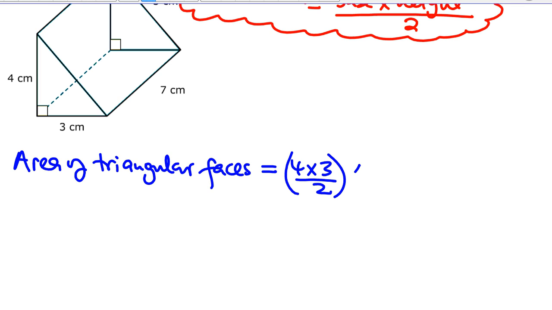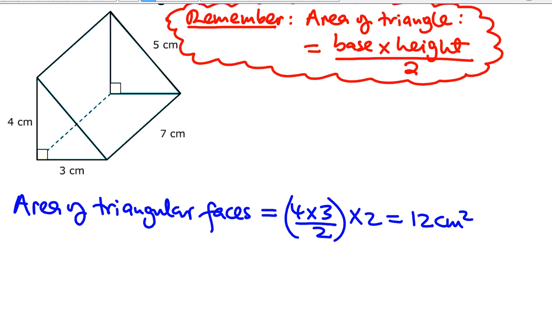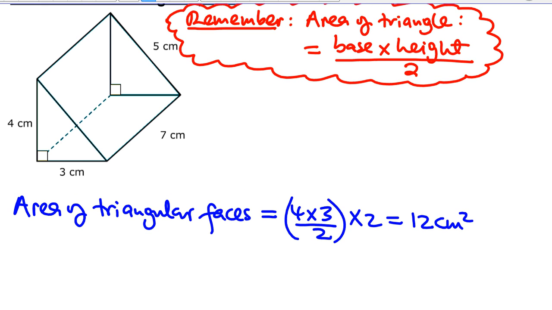But now I have to multiply that by 2 because we have two triangular faces that are exactly the same. And this will give me 12 centimeters squared. Okay? So remember, we're doing that because we have two triangular faces that are exactly the same.